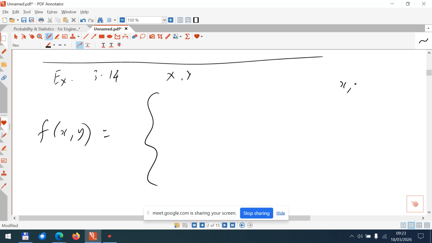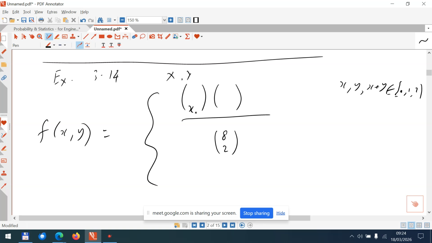When x, y, and x plus y are all values from the set 0, 1, 2, we had a very nice formula, which was two objects picked from 8 objects. I think x was the number of blue balls and y was the number of red balls.